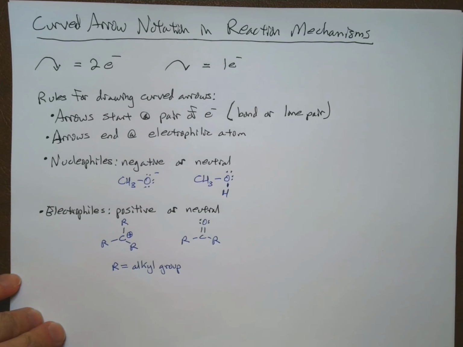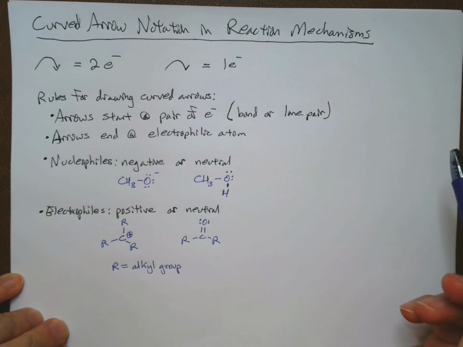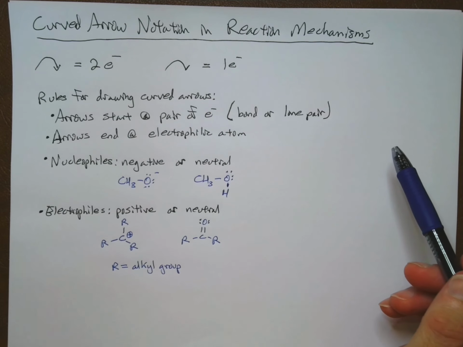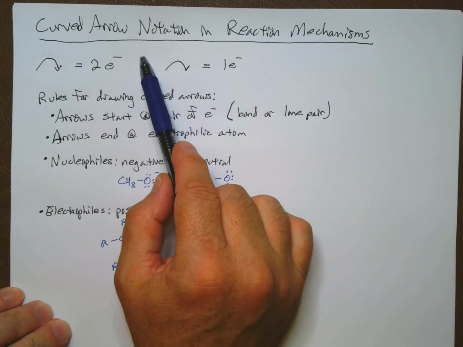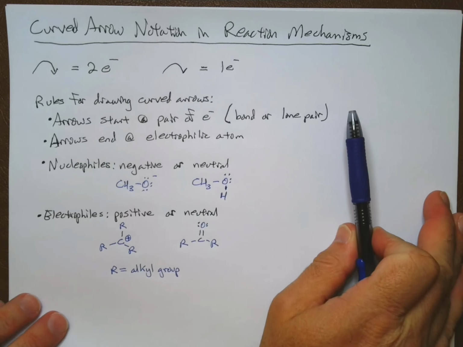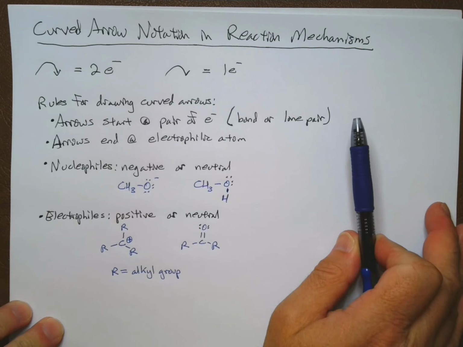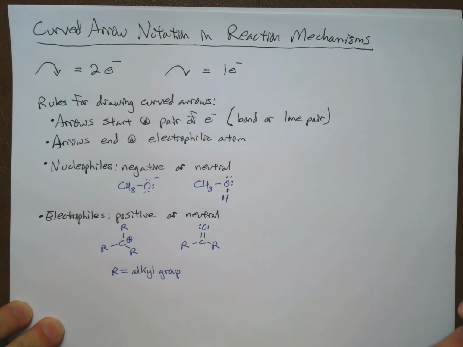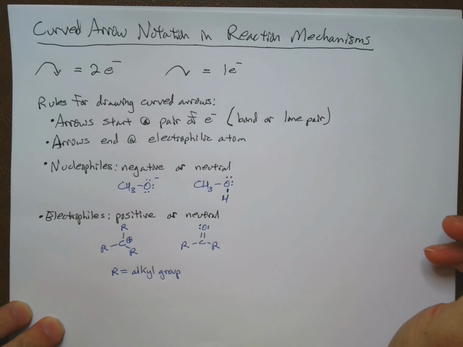So that's one thing that you'll want to do, as you're working through the practice problems, get used to identifying nucleophiles and electrophiles. That will be something that will be assessed. Another thing that will be assessed, of course, is curved arrow notation. And curved arrow notation will be assessed again and again and again. In fact, every time there's a mechanism question on a quiz or an exam or the final, there will be an assessment for curved arrow notation.